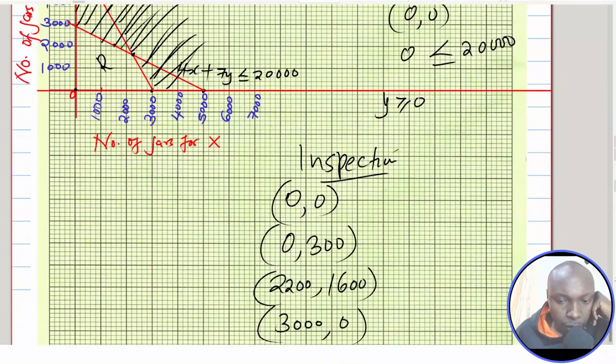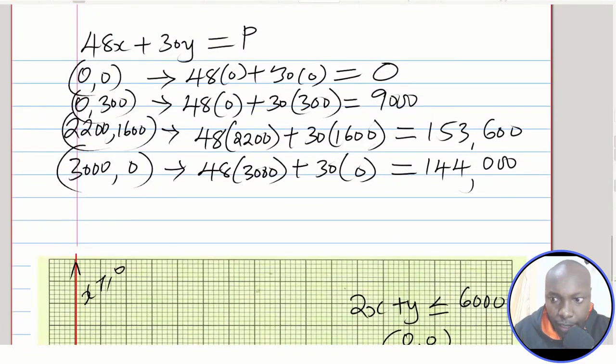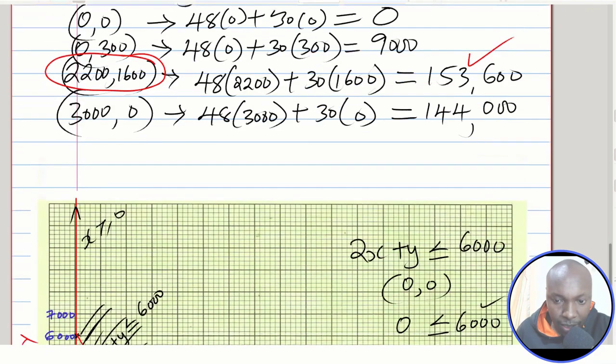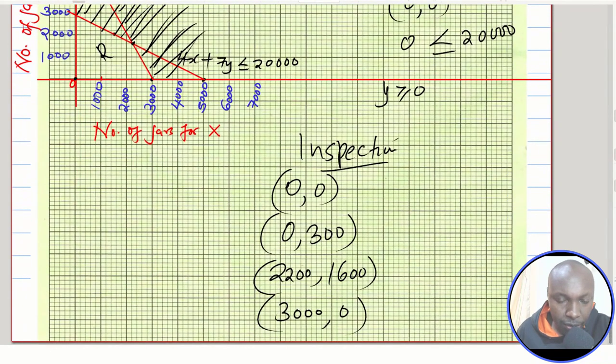Now after inspecting all the corner points of the feasible region, what we need to do now is to check which one has given us the maximum profit. Automatically you can see that 2,200 and 1,600 has given us the maximum profit, and therefore we can answer the question. The number of jars for grade A is 2,200 jars.